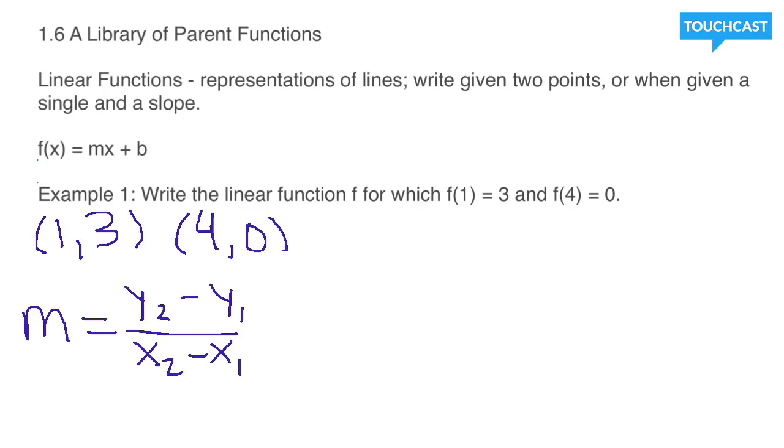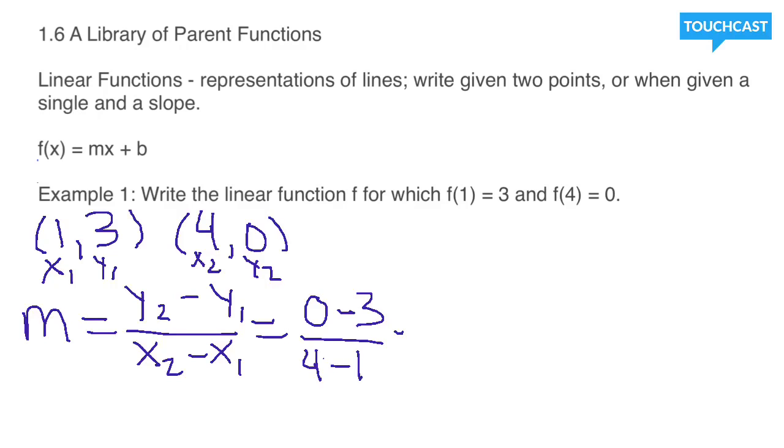So let's just pick the first point, the 1, 3, to be our x1 and y1, and the second point can be our x2, y2. So in this case, our slope is going to be 0 minus 3 over 4 minus 1. And 0 minus 3, we know is negative 3. And 4 minus 1 is 3, which means our slope is going to be negative 1.